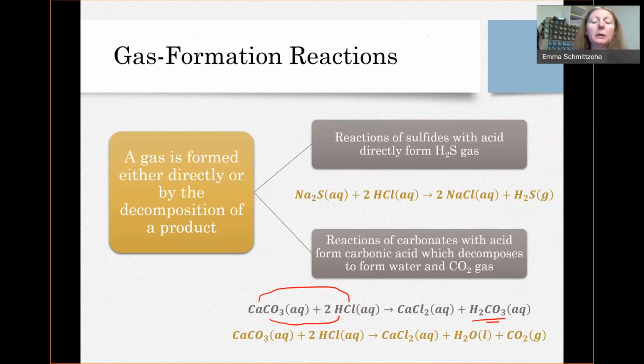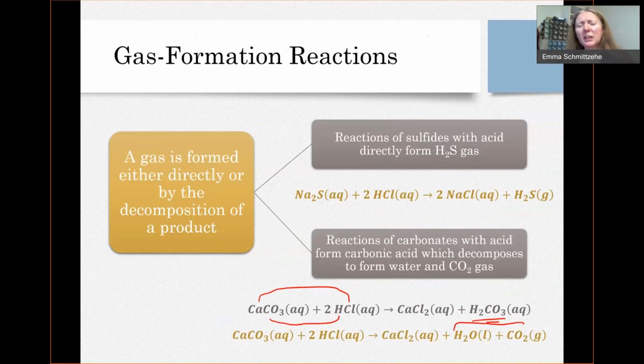It will break apart, okay? It'll decompose, and when that decomposes, you get the CO2 and H2O, okay? So the second one I have written there is really the complete reaction that occurs. The first one is kind of the initial step, but it breaks down further. So those are examples of gas formation reactions.